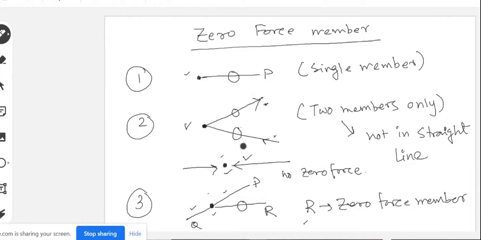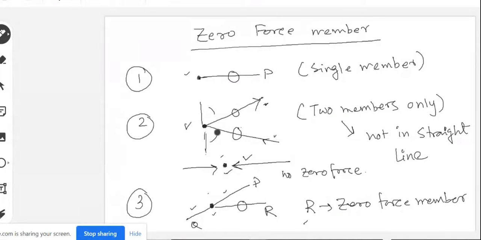Why, sir? Sir, the vertical component will not balance, I guess. One thing I should say is that the direction will automatically come to the same part.